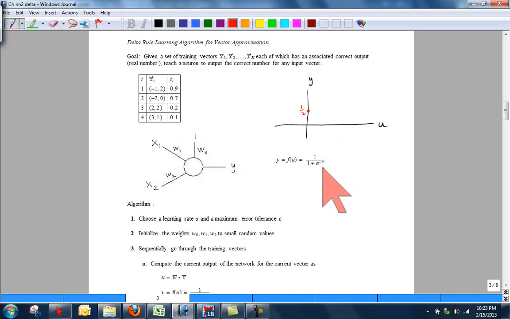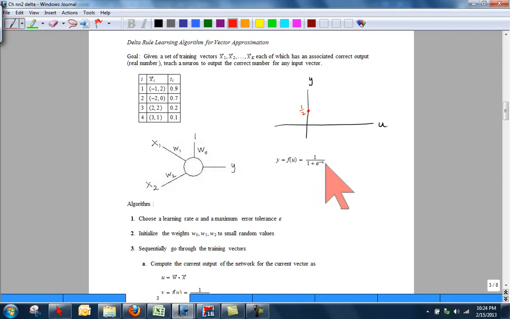When u is a large positive number, then e to the negative u is e to a large negative number. If you think about the graph of e to the x, when the exponent gets large and negative, the exponential basically goes to 0.